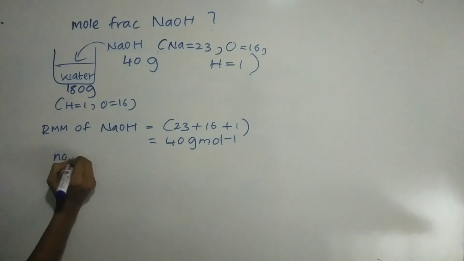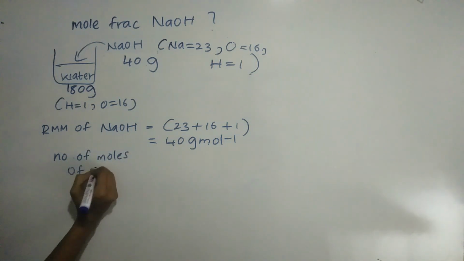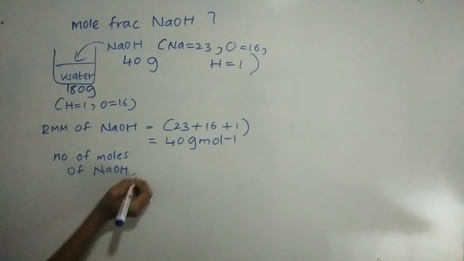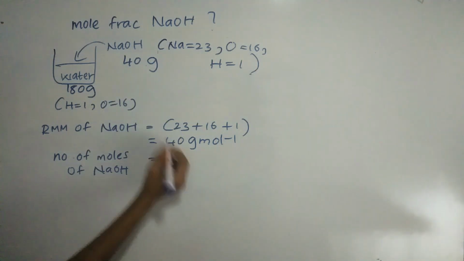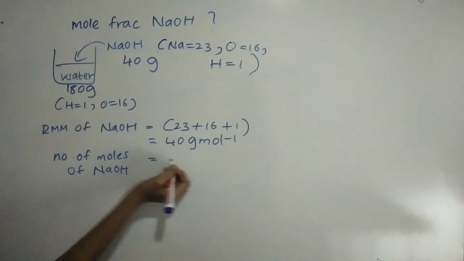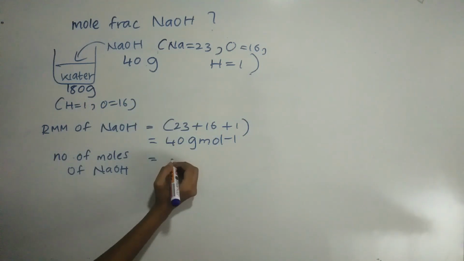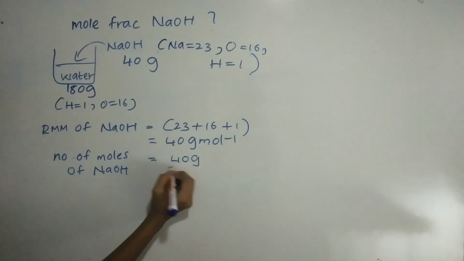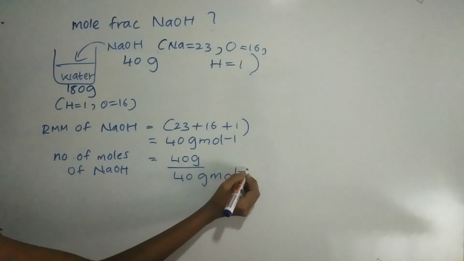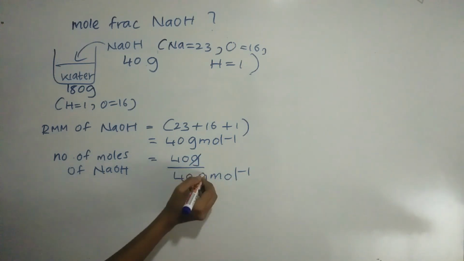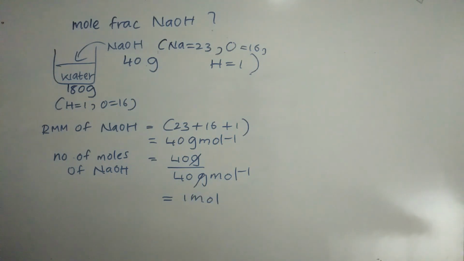Now I am going to find the number of moles of sodium hydroxide. 40 grams divided by 40 grams per mole. I get 1 mole of sodium hydroxide.